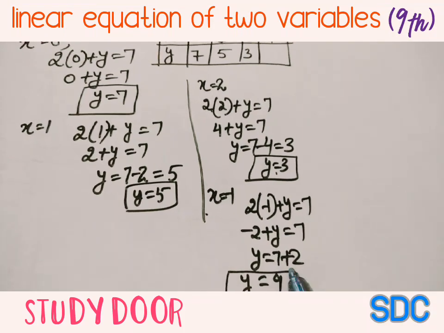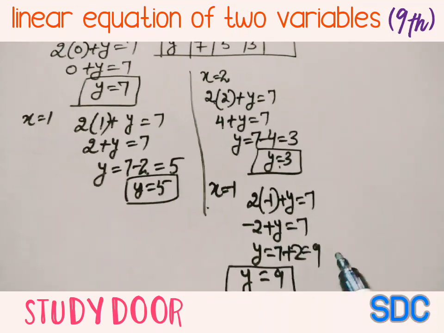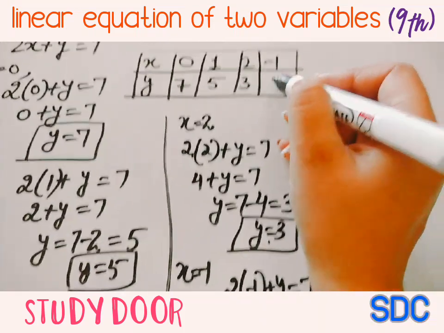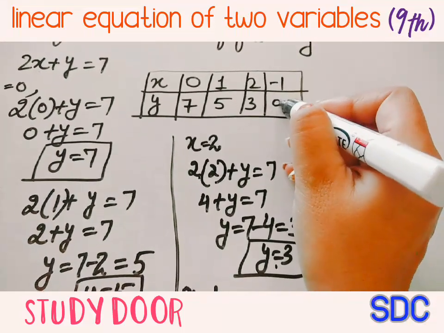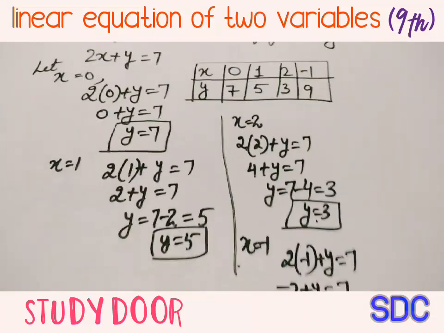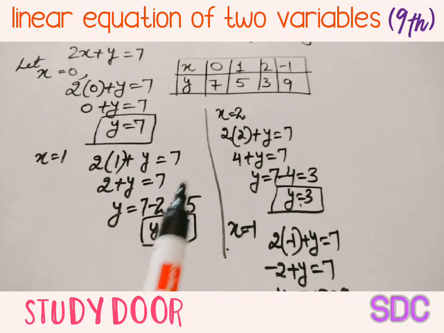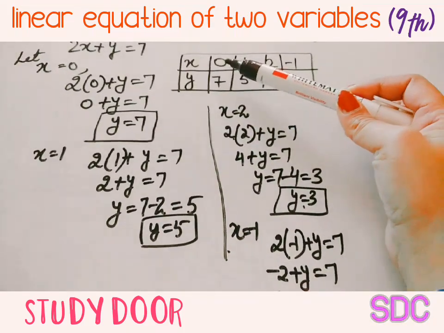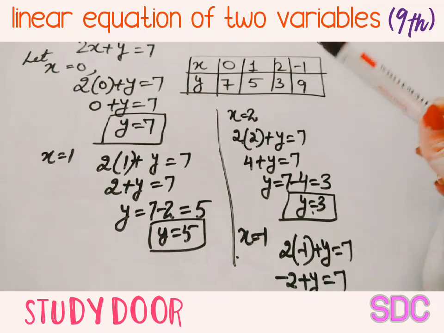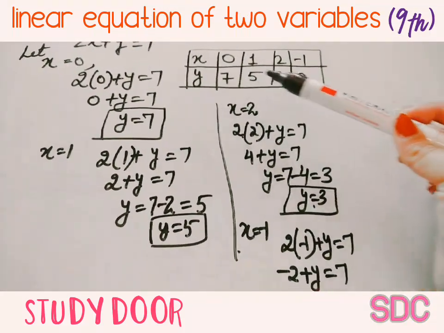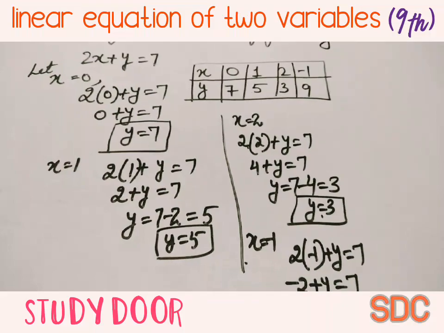What will be the value of y? y is equal to 9. Now when -1 is put, the value of y we get is 9. So this way we can find the value of x and y. First of all, we have to take 4 values of x, then we can find 4 values of y.